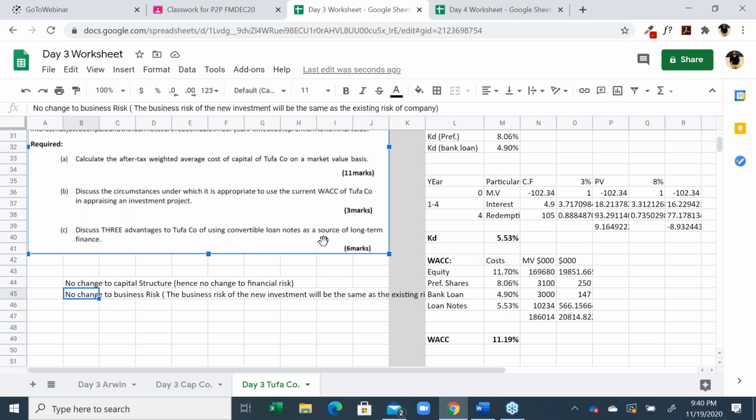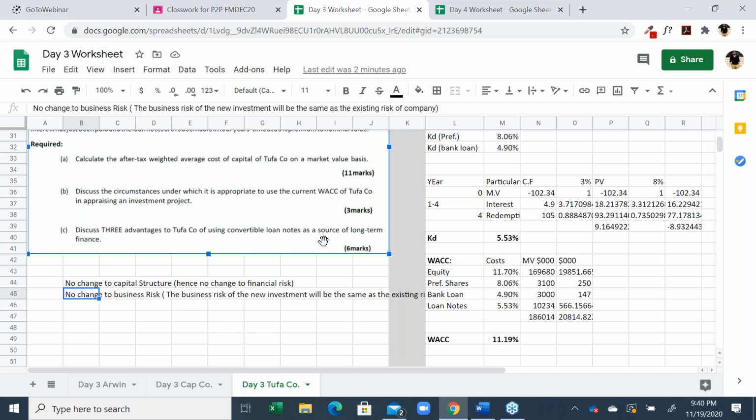The first benefit is it will be easy for the company to arrange finance through convertible loan notes than straight debt. More people will be interested to invest through convertible loan notes.